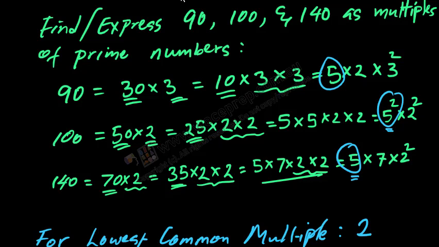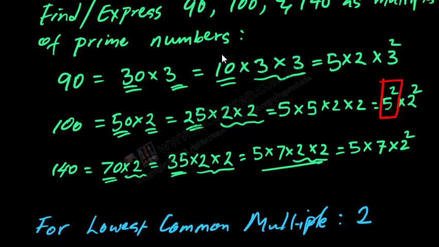In this case, the highest number is 5 squared. So of these 3 numbers, to calculate the highest common factor, we only take the highest of the 3.